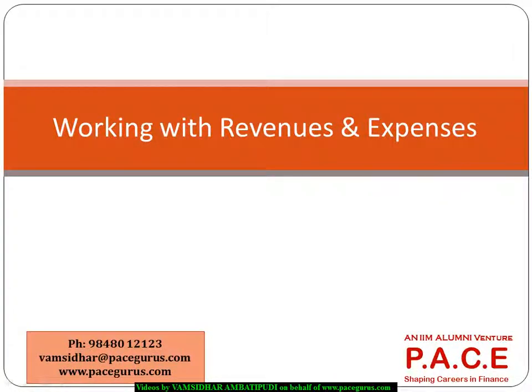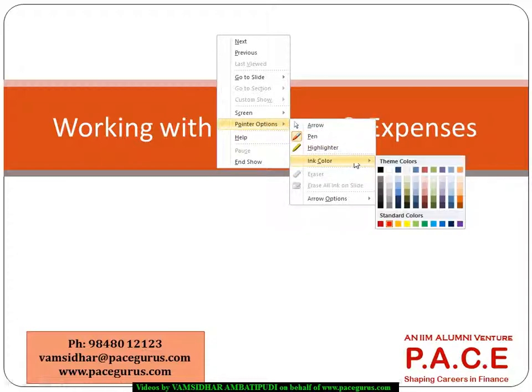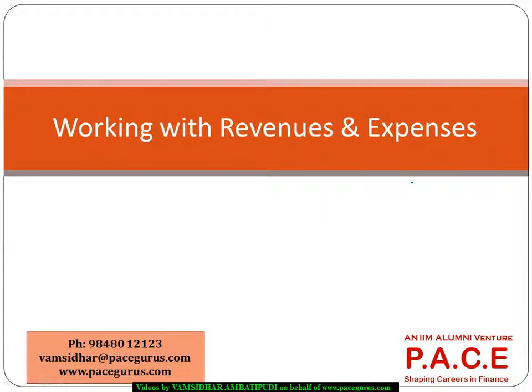In this session, let's start looking at the operations phase of the project, wherein one of the most important aspects in the operations is how do I handle the various revenues and expenses.